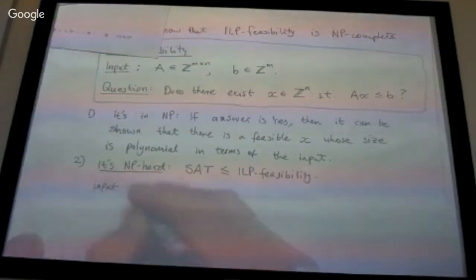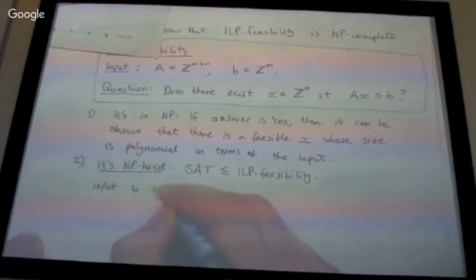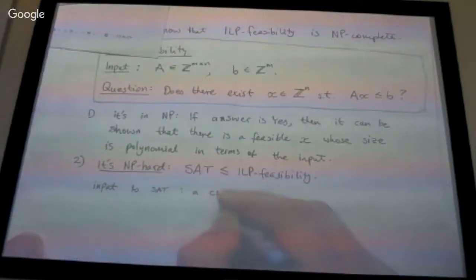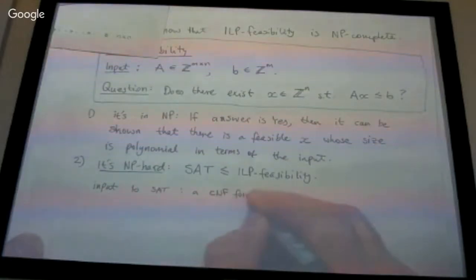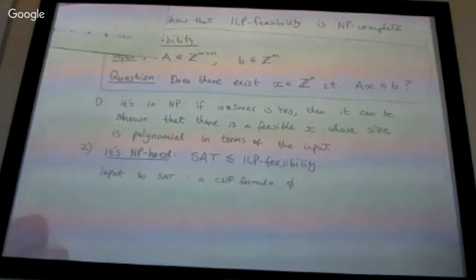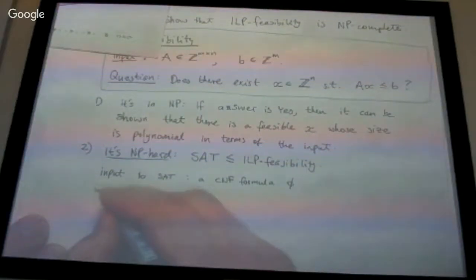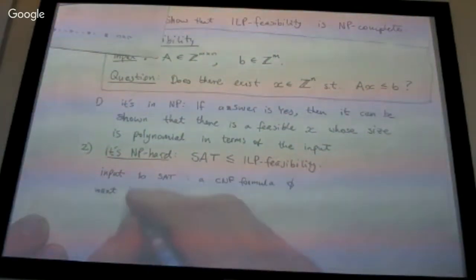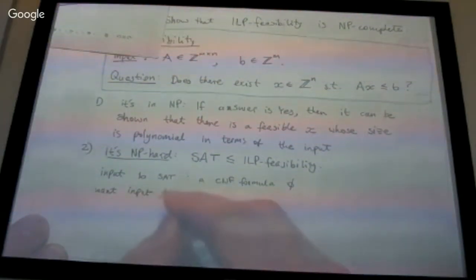Input to SAT: a CNF formula. Want: input to ILP.